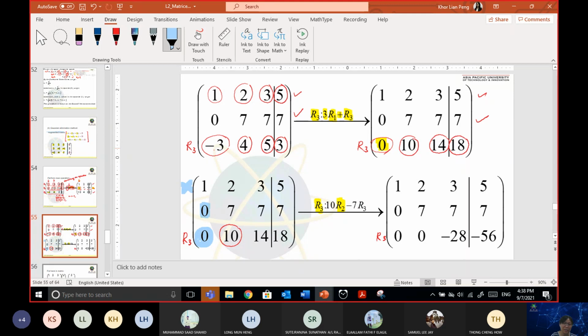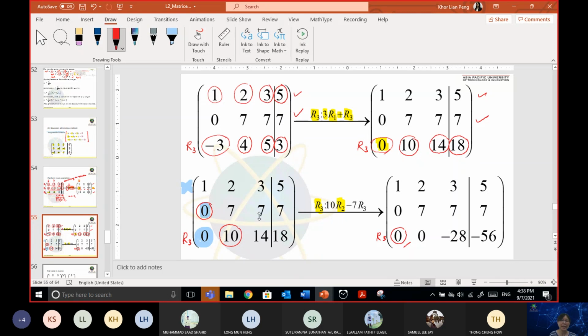So that means how? Look at here. If we look at the first value, 10 times second row, 10 times 0 is 0, minus 7 times third row, so minus 7 times 0 is also 0. So you get a 0, still remaining as a 0. We have to keep this as a 0.